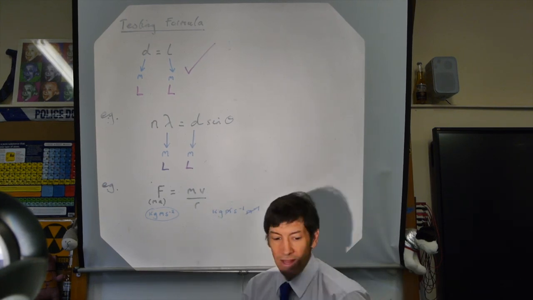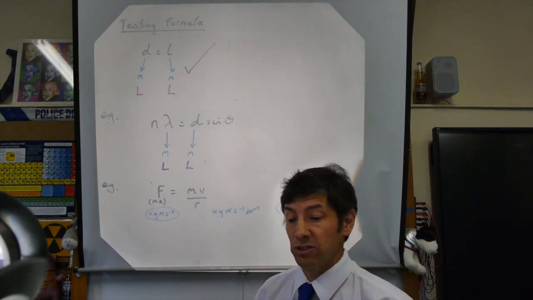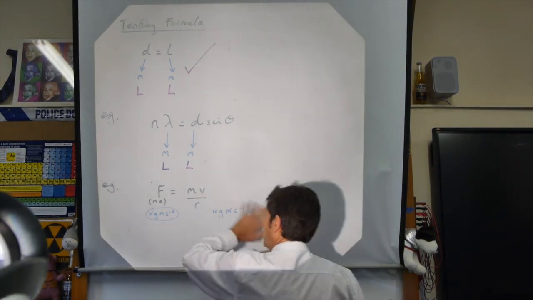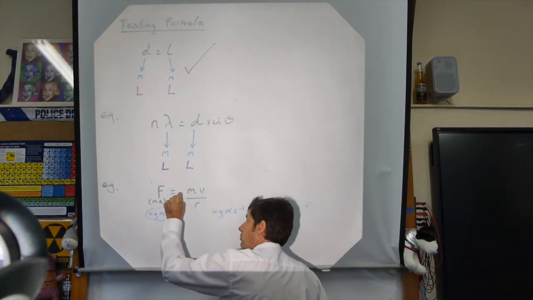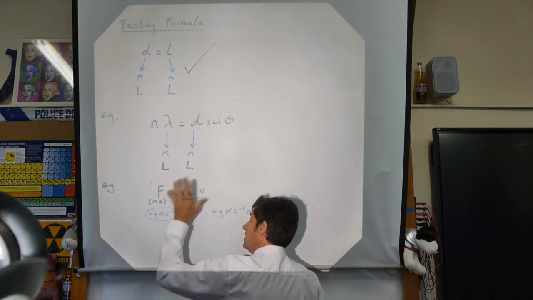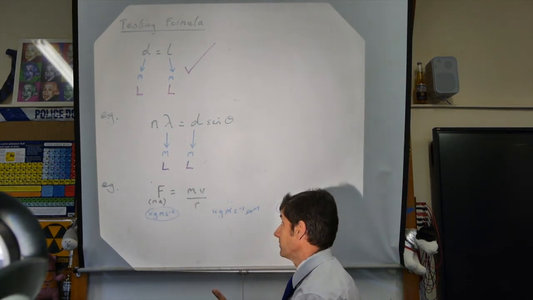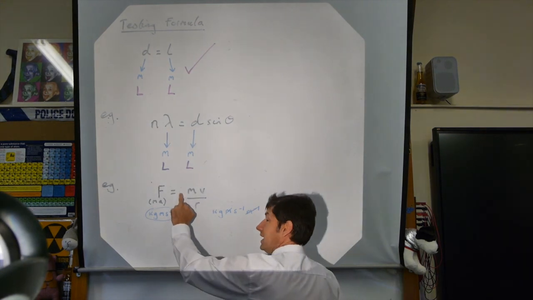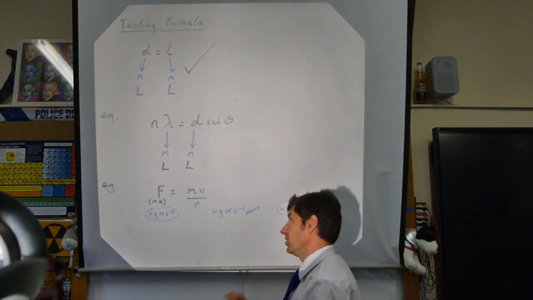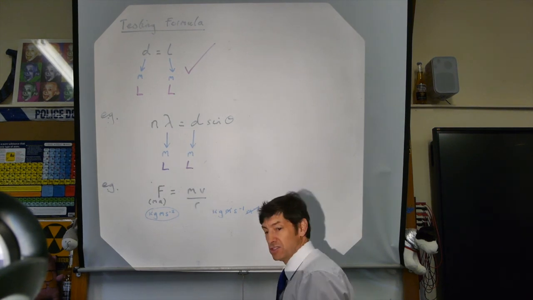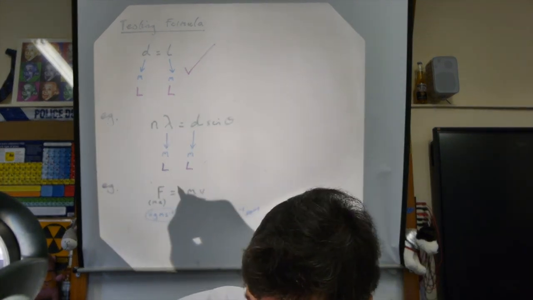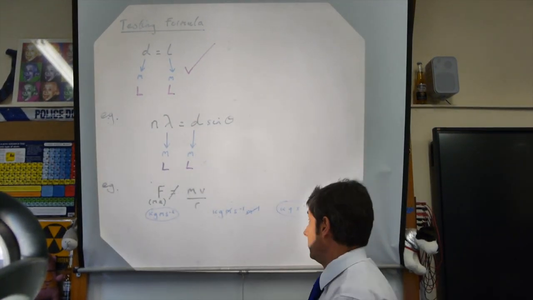So this formula is complete and utter rubbish. Okay, it cannot work. It can't work even if you put a number in there, a constant. Okay, if you put the number 10 in there, it still doesn't work. It would work if you put a constant in that had dimensions.